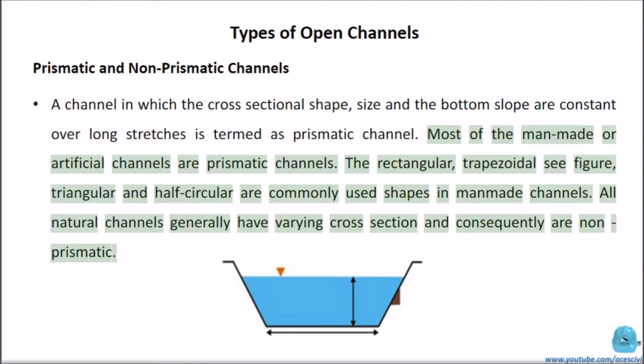Most of the man-made or artificial channels are prismatic channels. The rectangular, trapezoidal, triangular and half-circular are commonly used shapes in man-made channels. All natural channels generally have varying cross-section and consequently are non-prismatic.